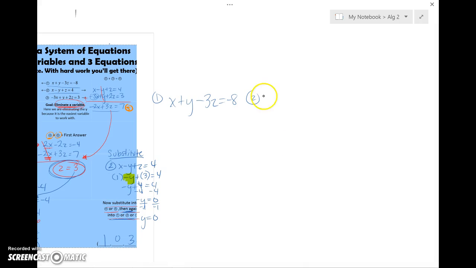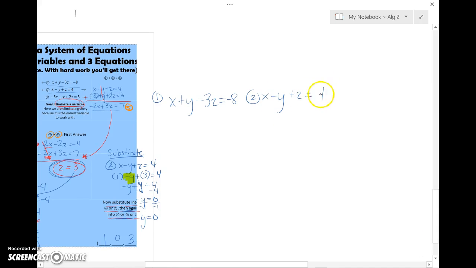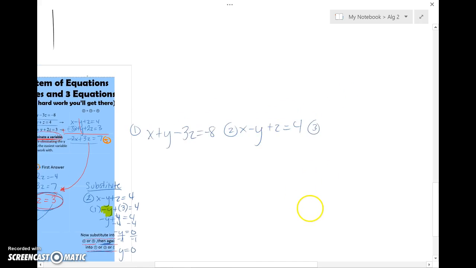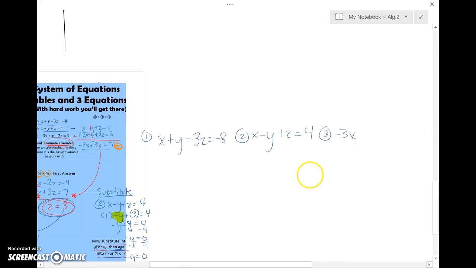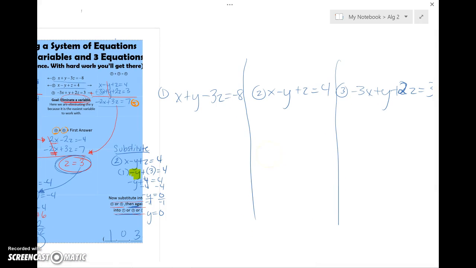And then the second one is x minus y plus z equals 4, and number 3 is negative 3x plus y plus 2z equals 3. Now, with these, you're going to plug in the values that you found into each one.